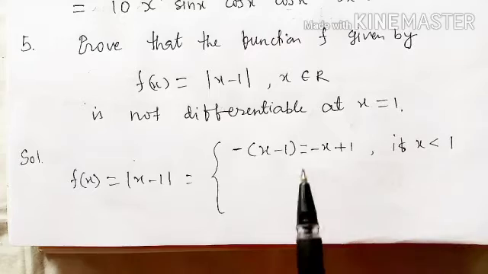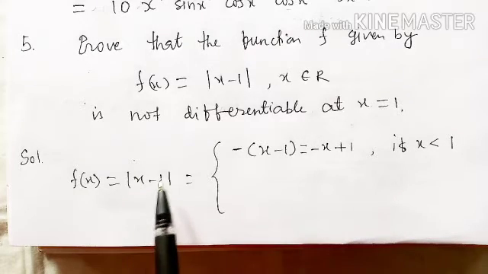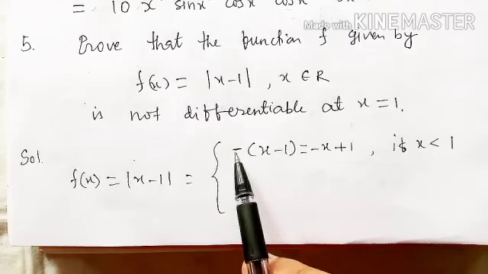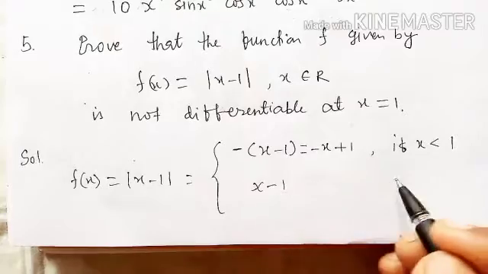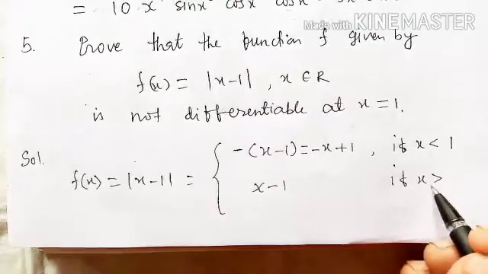You can see if you take x less than 1, say 0 − 1, this function is negative. That's why we multiply this with a minus sign. And x − 1 if x is greater than or equal to 1.